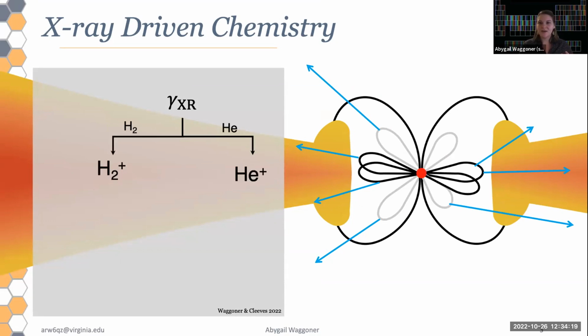Now, hydrogen can go on to do all sorts of fun things. For example, it can collide with another H2 molecule, resulting in the fluorescence of a UV photon, or it can abstract a hydrogen from H2 to form H3+. H3+ is one of the main reactants in gas phase chemistry within these regions.